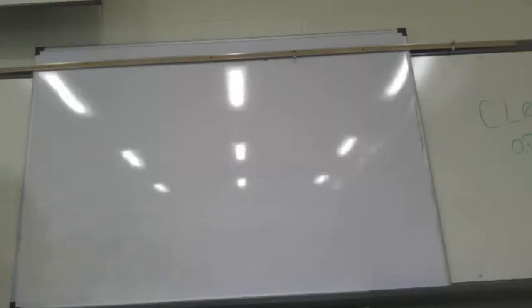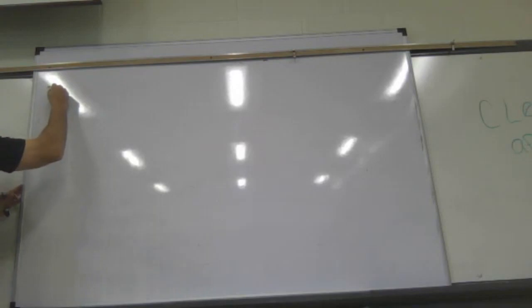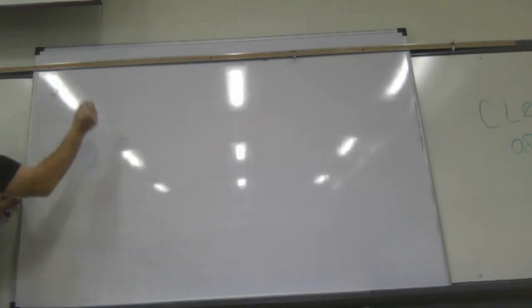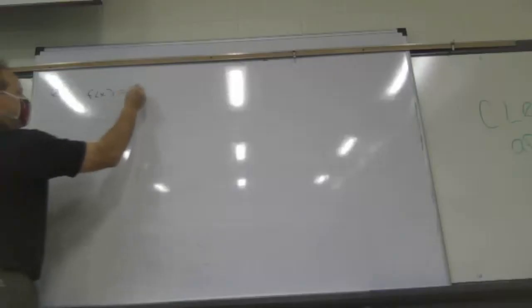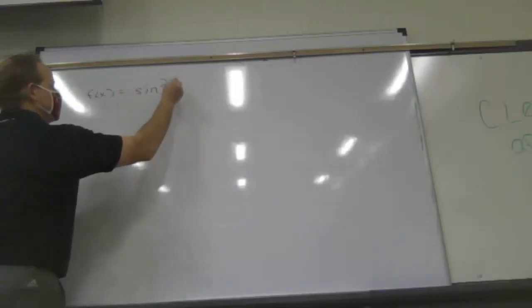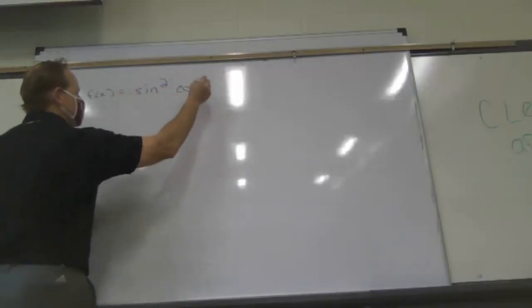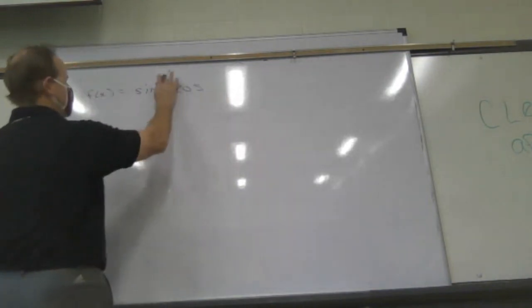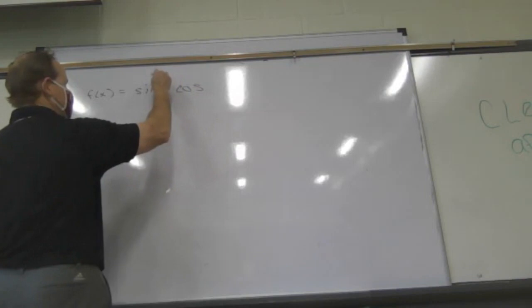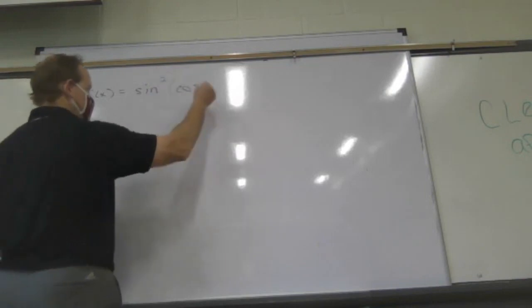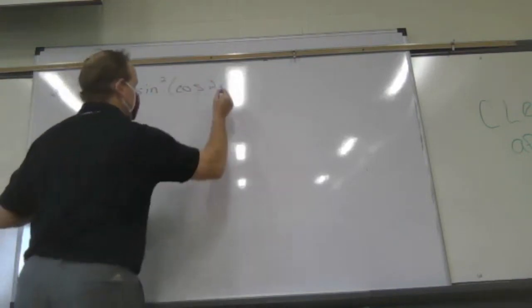Okay, what was that one? Number 21. It's sine squared of cosine 2x.